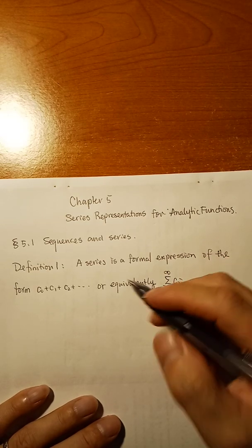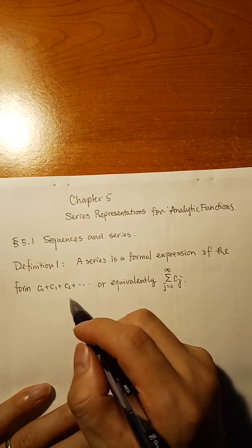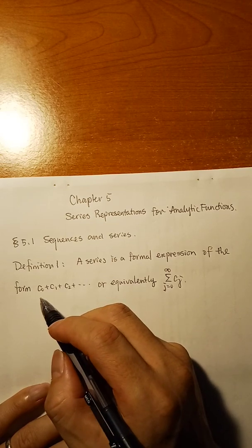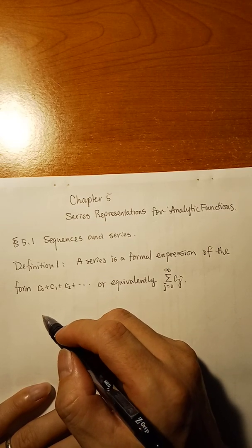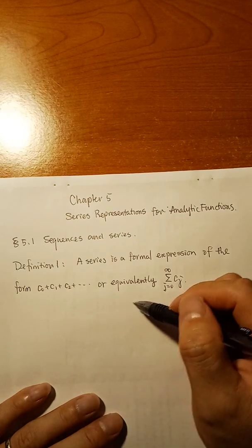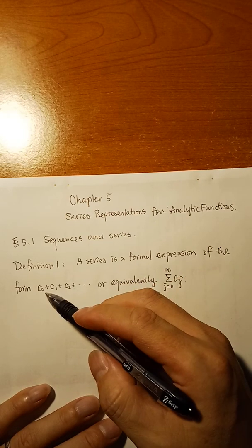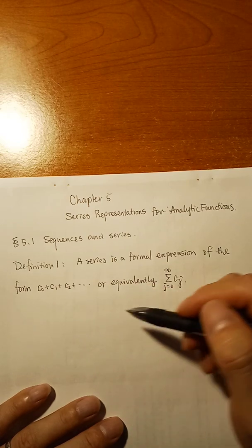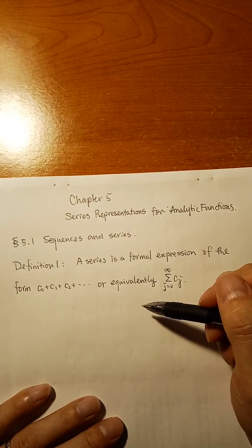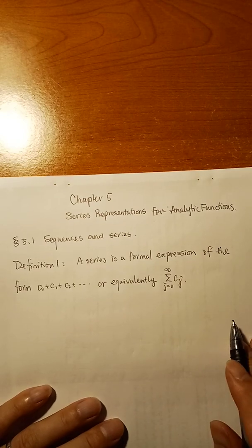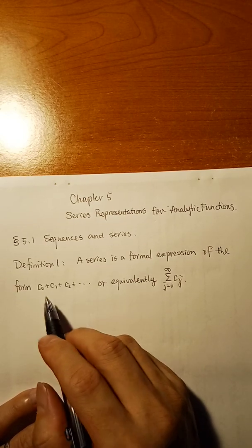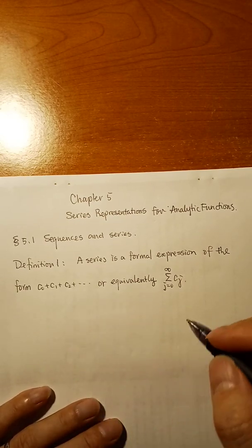In calculus, we always start from C1, C2, C3. Here we start from C0. It's because later we are going to apply this theory to the Taylor series, and in the Taylor series, C0 corresponds to the constant term, the zeroth order. It doesn't matter what index you start from.